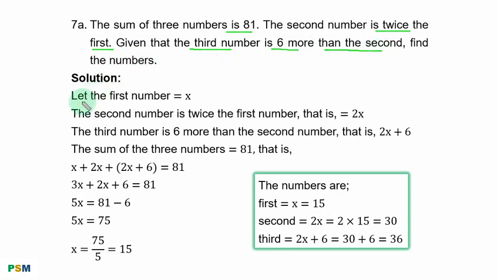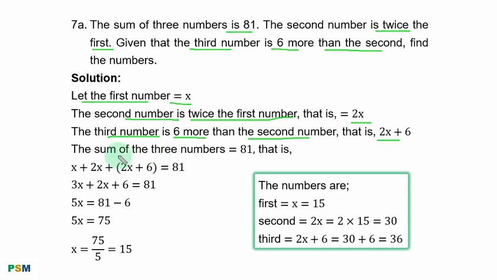Let the first number be s. The second number is twice the first number, that is 2s. The third number is 6 more than the second number, that is adding 6 to the second number. You have 2s plus 6.